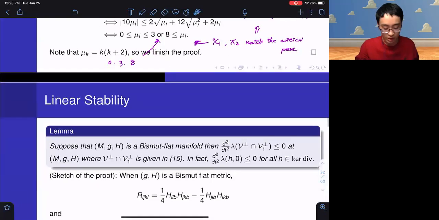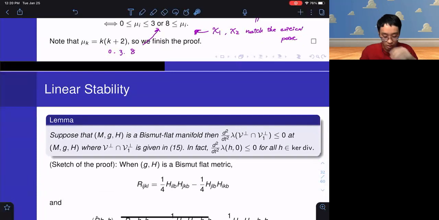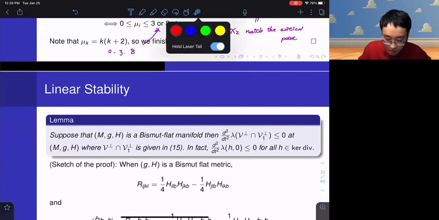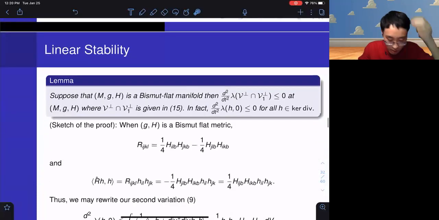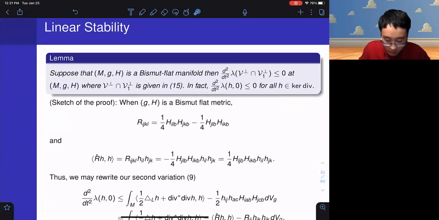So we just finished arguing that the first phase is non-positive. Next we want to check that the V perp intersect V1 part is also non-positive if you assume that your MGH is Bismut flat.